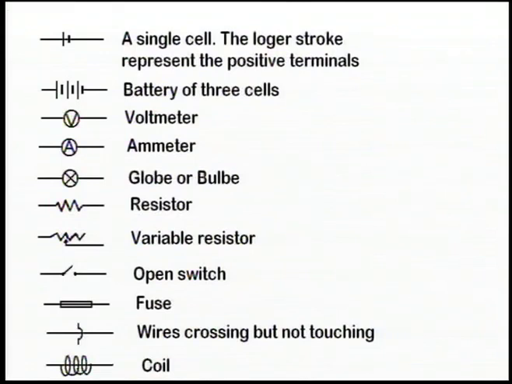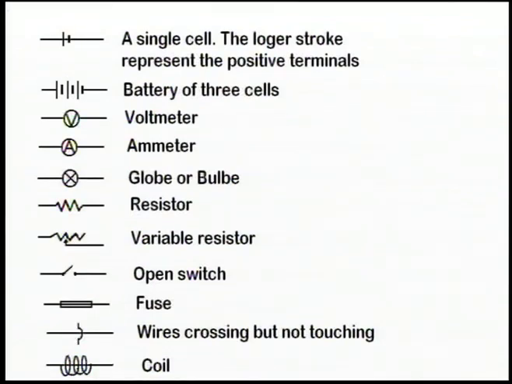So the first diagram shows how many dry cells? How many? 1. All right, let's look at the second symbol. It says that's a battery of 3 cells. So you can see there are 3 cells in there. That's the first cell, the second cell, and the third cell. Remember, one cell is made up of a larger and a smaller stroke.